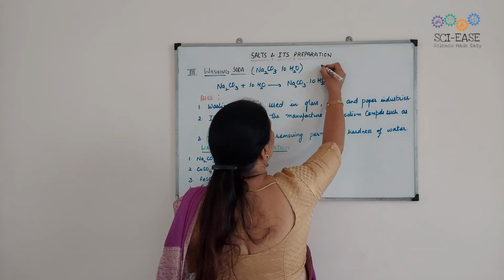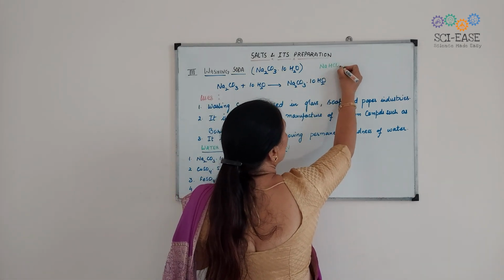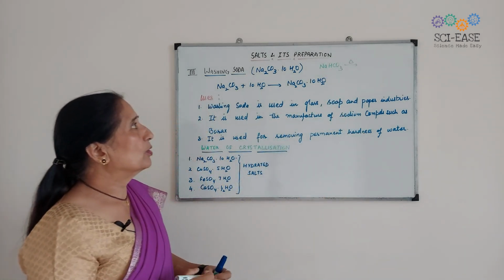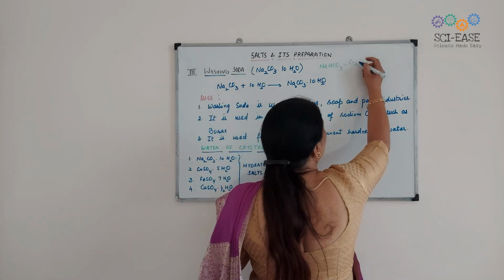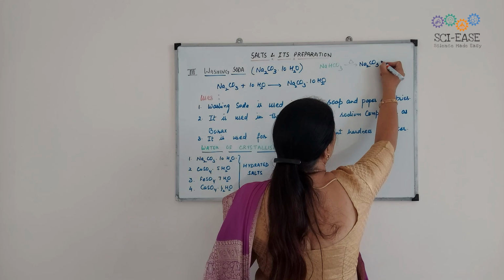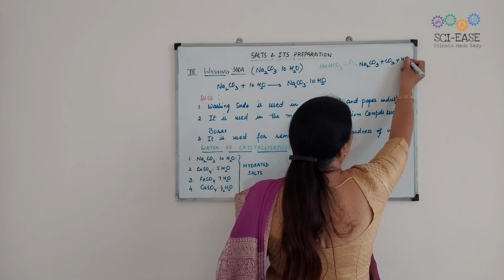So, I will write the equation again: NaHCO3 when it is heated, sign of heat, triangle, we will get sodium carbonate plus carbon dioxide plus water.